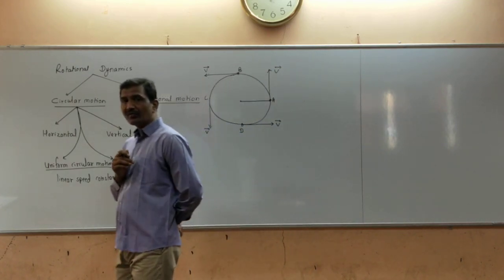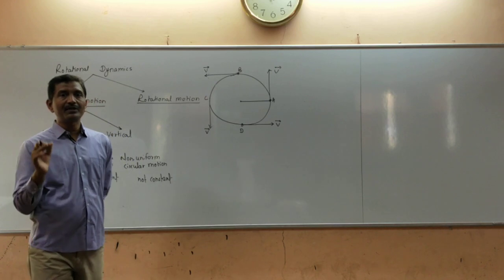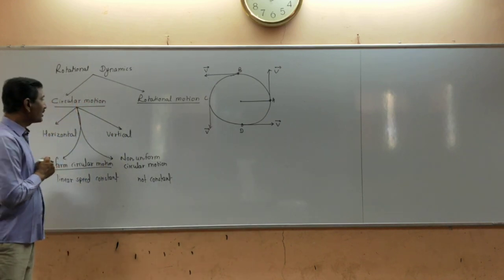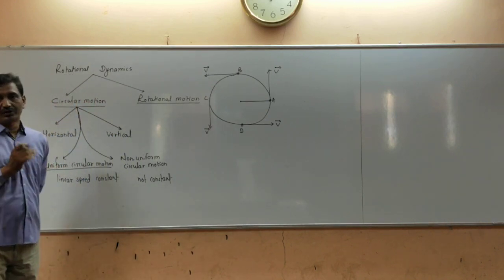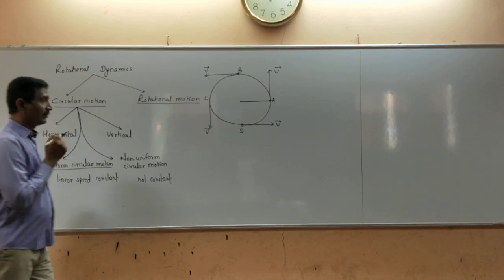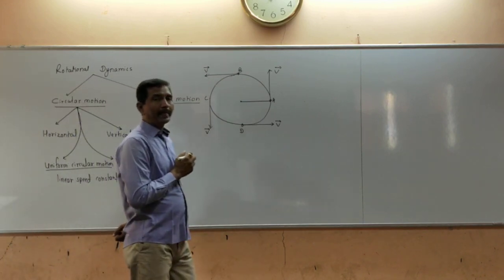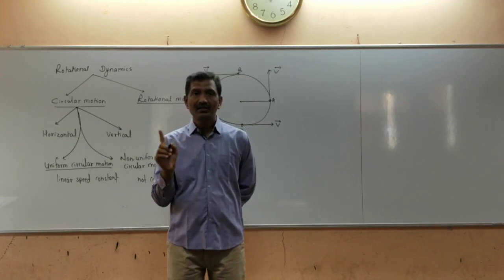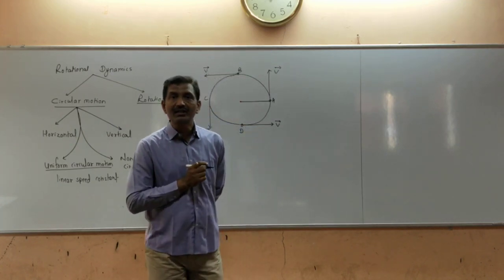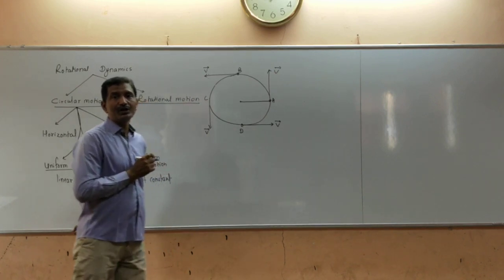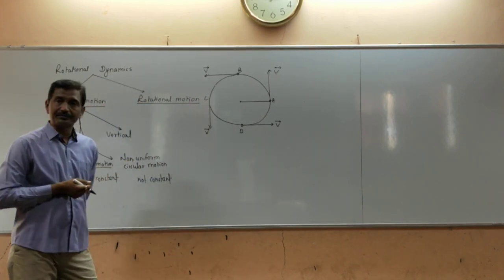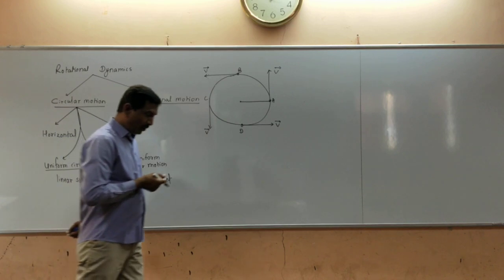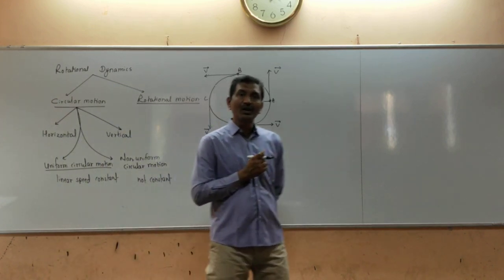Now the question is, is every uniform circular motion a periodic motion or not? We consider two examples: motion of the earth around the sun, and the motion of a simple pendulum, that is, the pendulum of a clock. Both are examples of periodic motion.